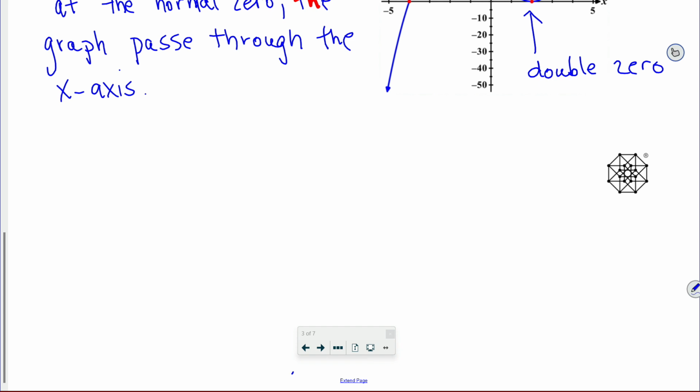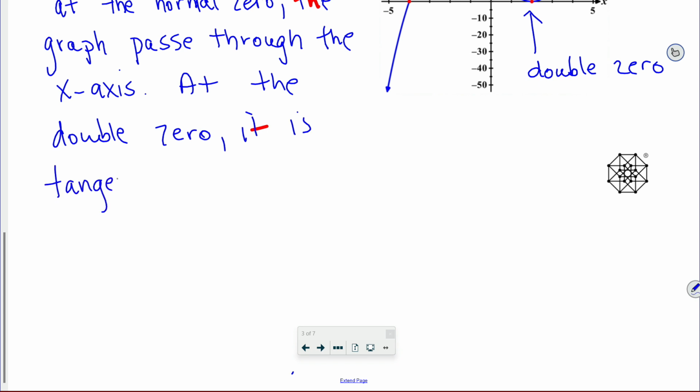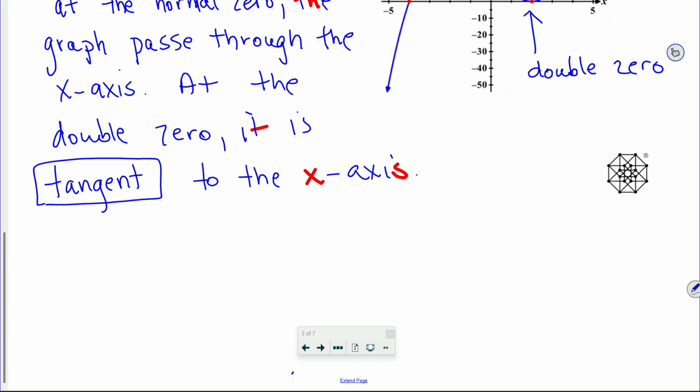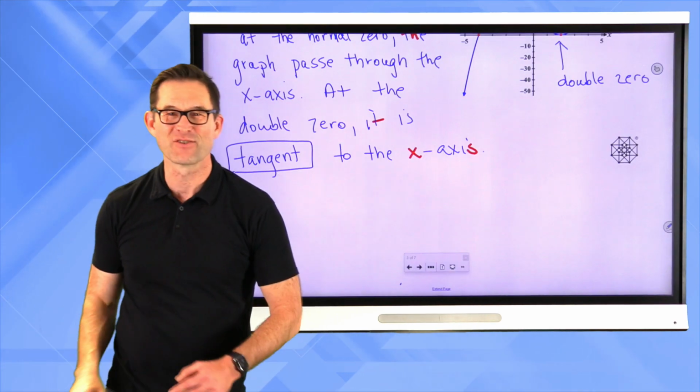At the double zero, it is tangent to the x-axis.